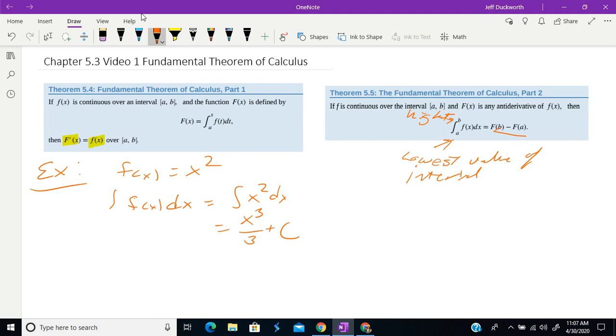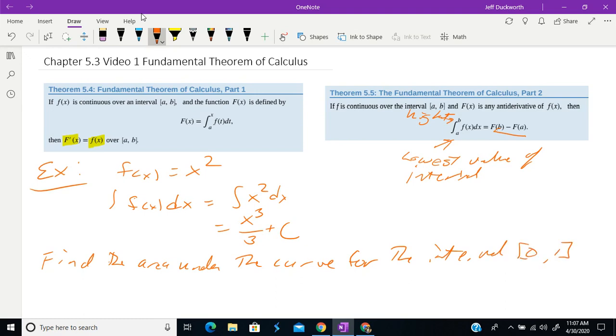All right, so how we would do this using our fundamental theorem of calculus, if we were going from, say, 0 to 1, find the area under the curve for the interval 0 to 1.